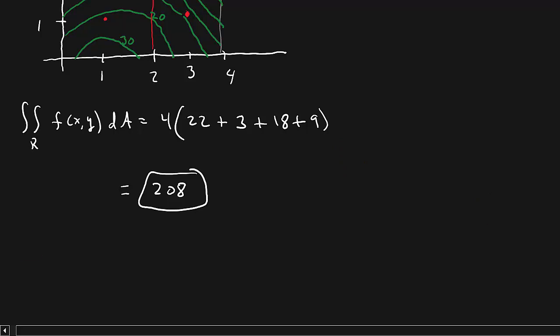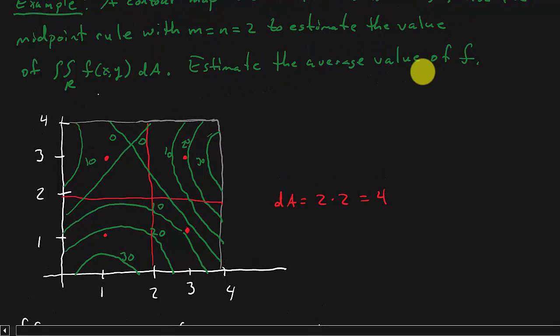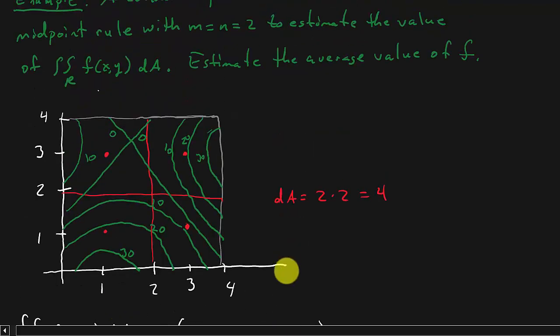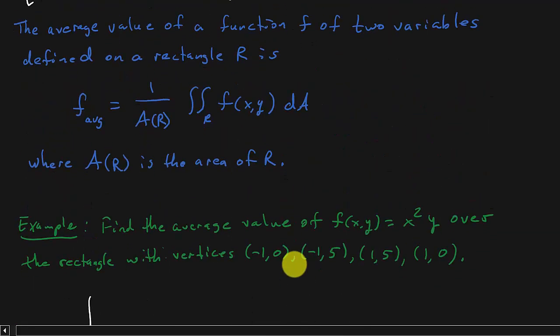And then they also wanted us to get the average value, right? Didn't it say, estimate the average value of f? So let's go back up here to average value and let me show you something.